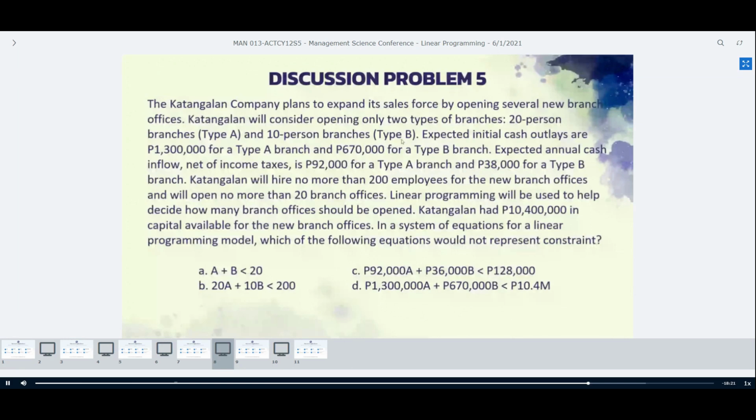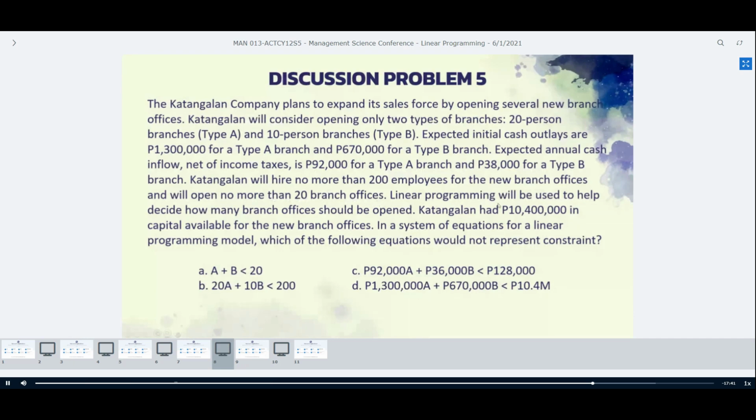Expected initial cash outlays are 1.3 million for a type A branch and 670,000 for type B branch. So yun daw initial cash outlay ha. Expected annual cash inflow net of income taxes is 92,000 for type A and 38,000 for type B. Katangalan will hire no more than 200 employees for the new branch offices and will open no more than 20 branch offices.